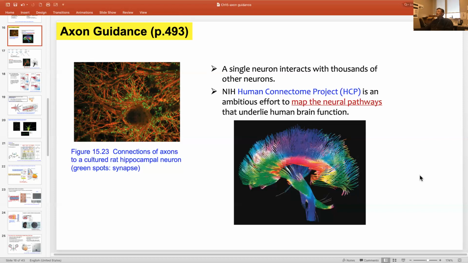We don't know, but even if we cannot complete the project, at least we might have a very good idea about these neural connections. That allows us to understand the function of the human brain and perhaps develop therapeutic strategies to cure some neurodegenerative or other neurological diseases.